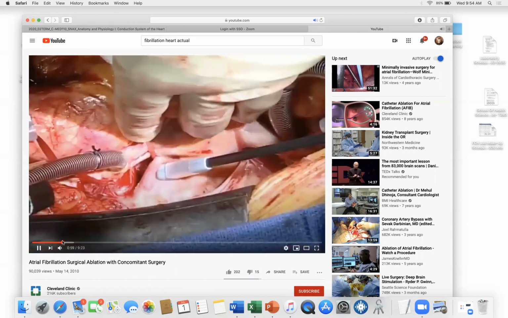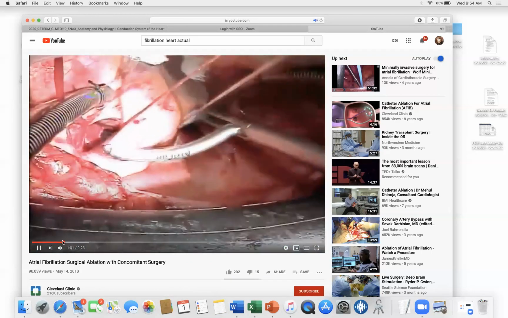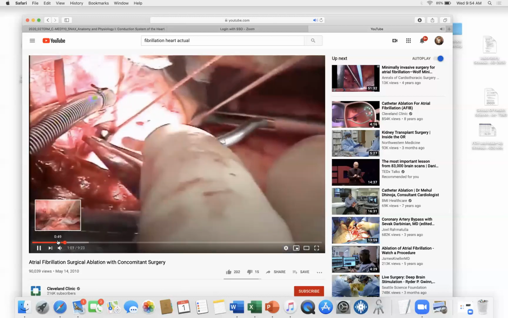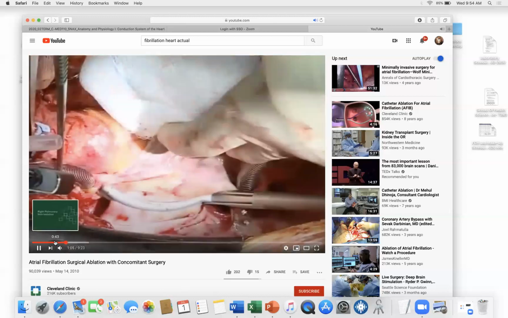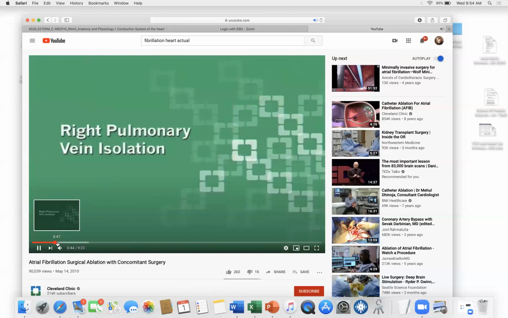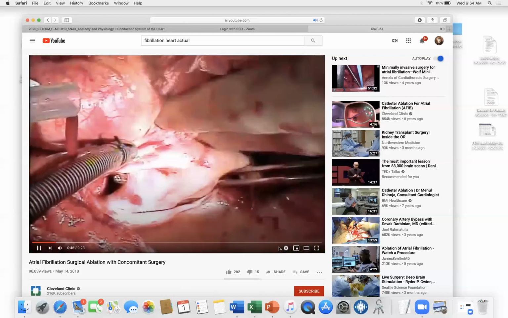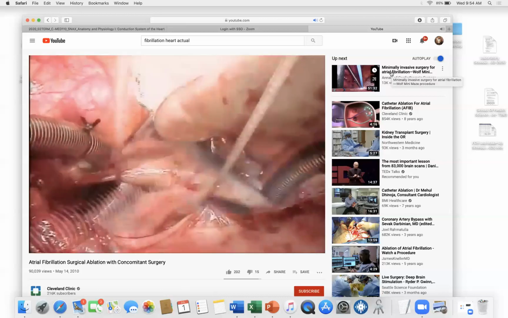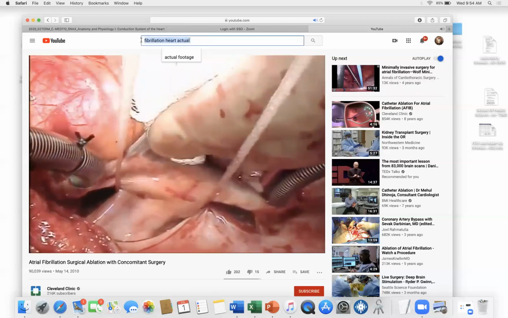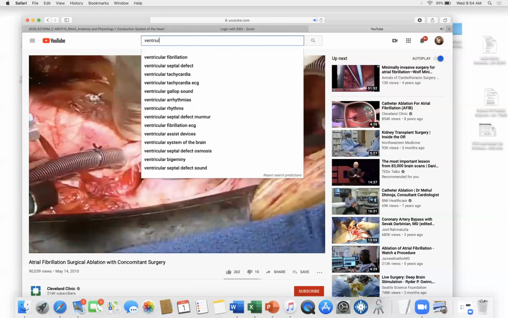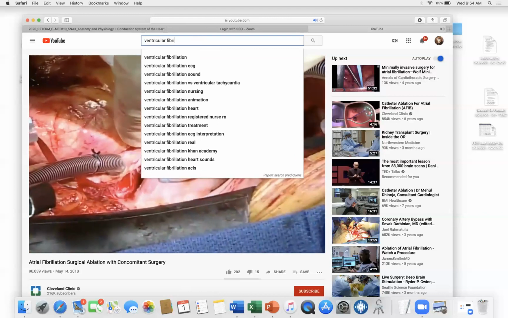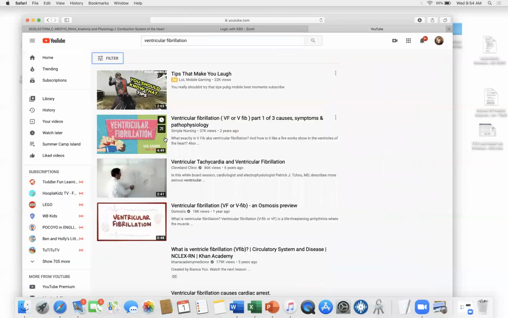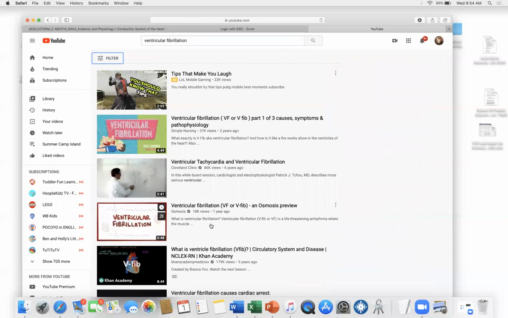It's already working. I want to see it not working. Coronary artery bypass, no. Minimally invasive. Let's look at ventricular fibrillation. They want to show a picture of it.